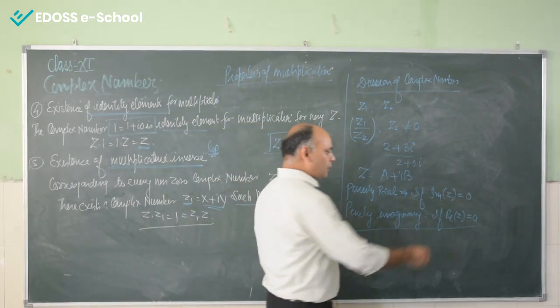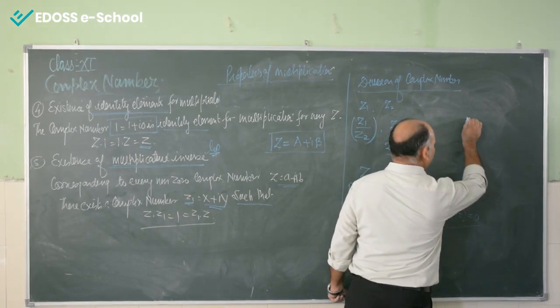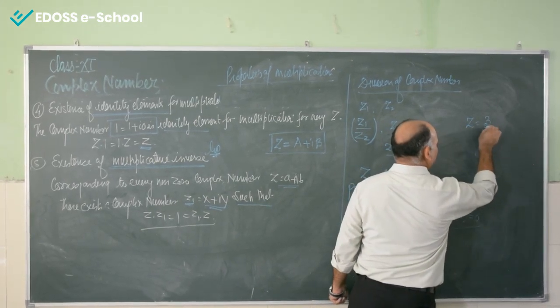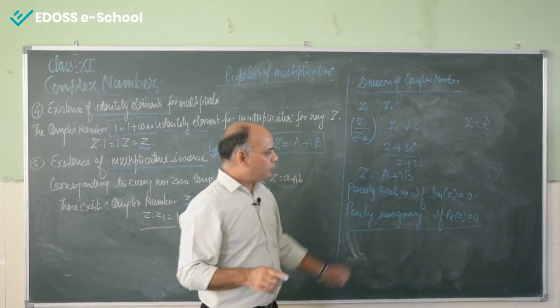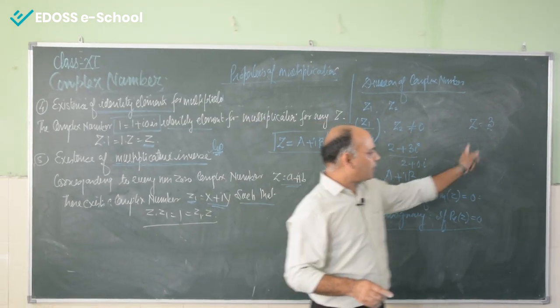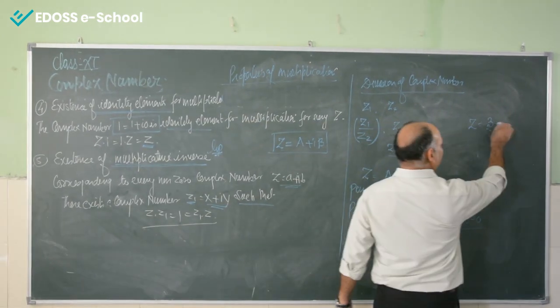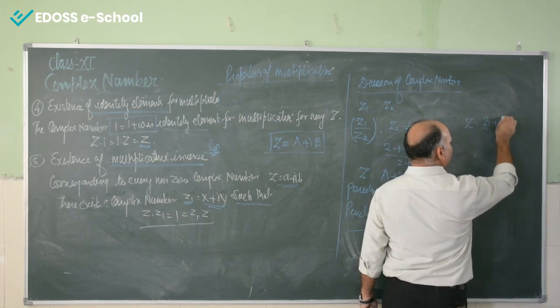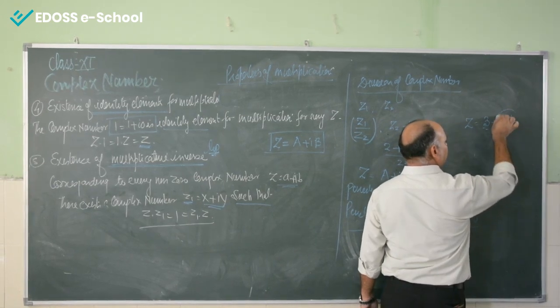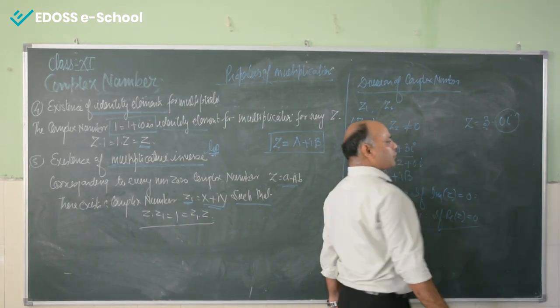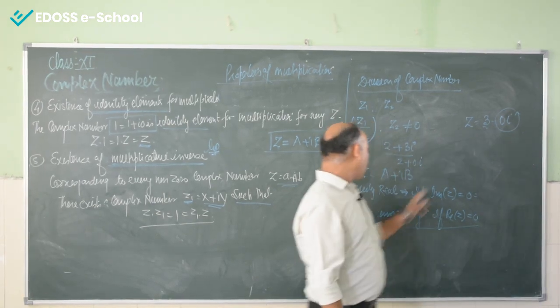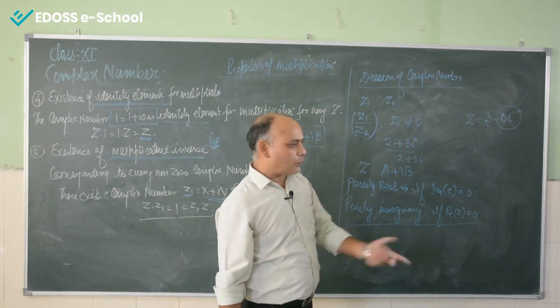Purely real can be written as, suppose I am saying Z equals 3, then 3 is a real number, but in this case the imaginary part is 0, meaning 3 can be written as 3 plus 0 iota. In this case the imaginary part is 0, that means Z equals 3 is a purely real complex number.